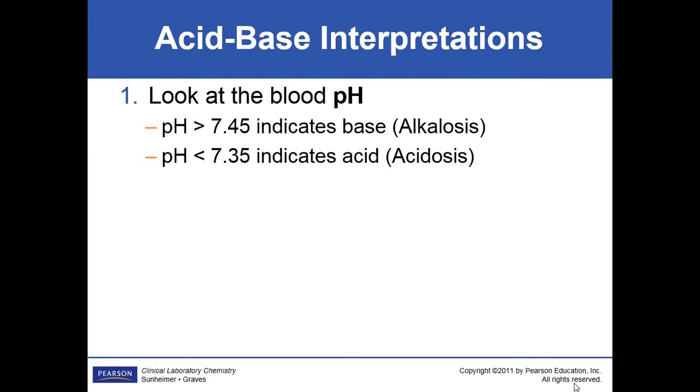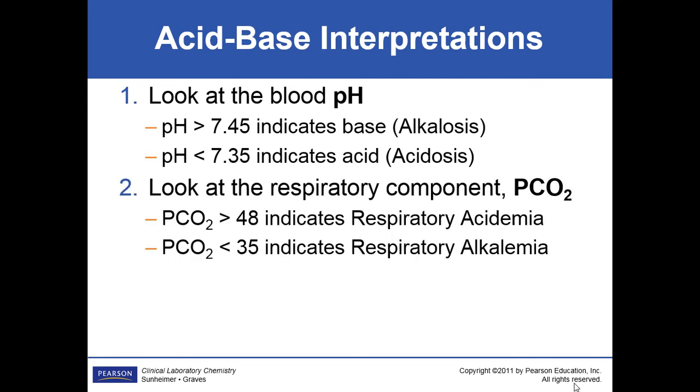Okay? Then you're going to look at, and actually 2 and 3 you can reverse, but usually the PCO2 is the next thing you're going to be seeing on the report. You're going to look at it, and I know that it's 35 to 45, and I don't know why they decided 35 and 48 here, but if my PCO2 is elevated, I'm going to say, ha, I got a respiratory problem going on.